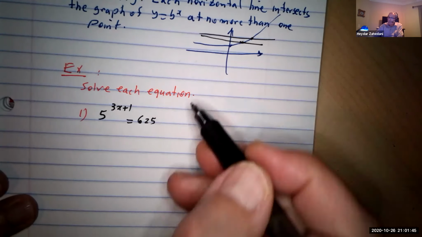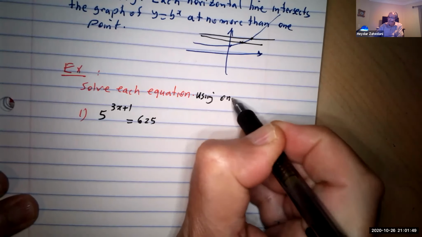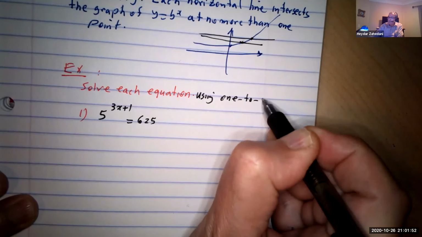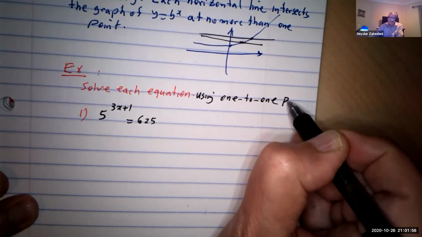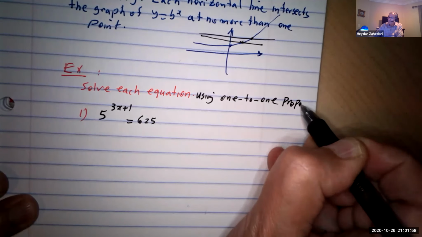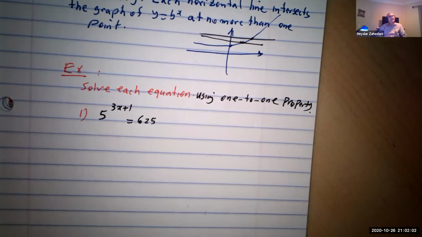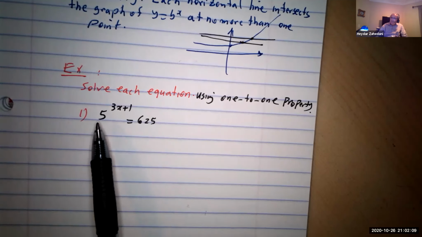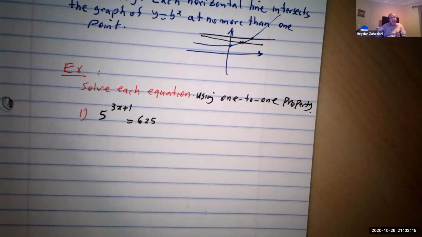Solve each equation using only the one-to-one property. In future, we have another method, but this is the one that you have to check first. Look at the base. The base is 5. You have to try to write 625 in terms of 5, okay?